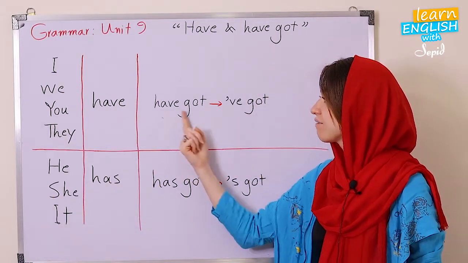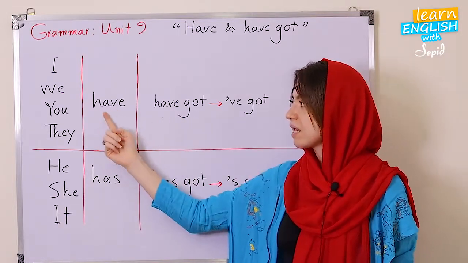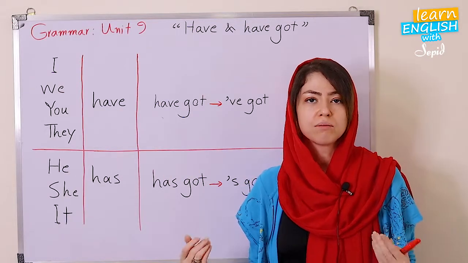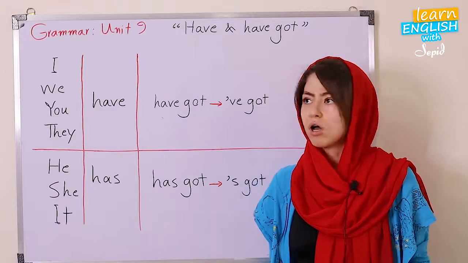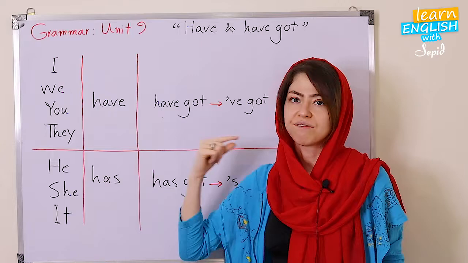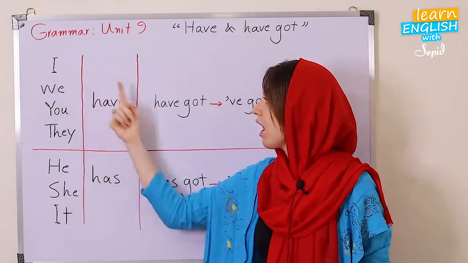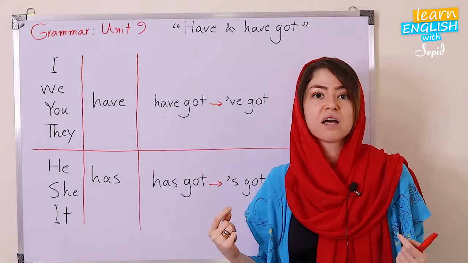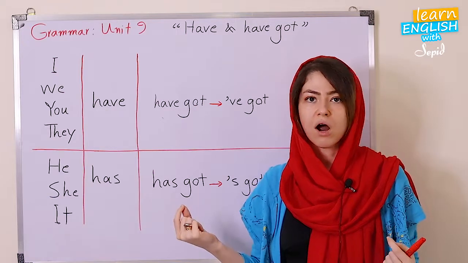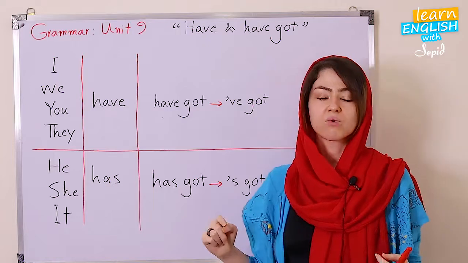Now, how about have got? Have got has the same meaning as have, but mostly it is used in British English. For instance, instead of saying, I have a red scarf, I should say, I have got a red scarf, or I've got a red scarf.